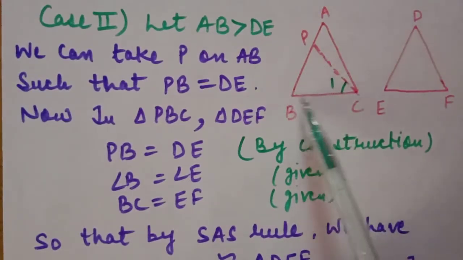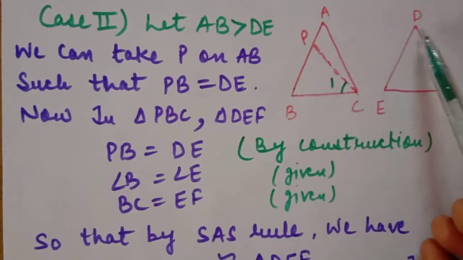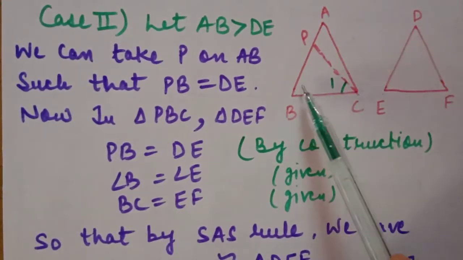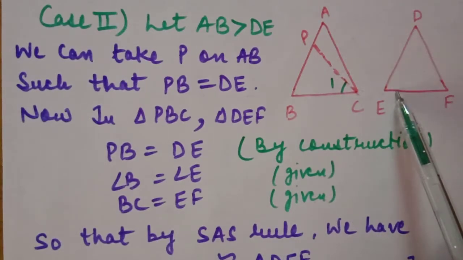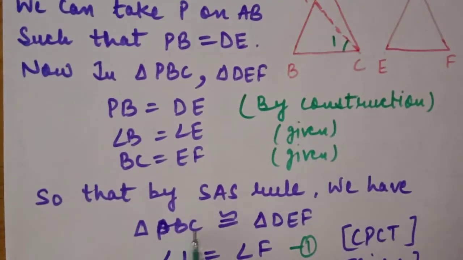Now in triangles PBC and DEF, PB is equal to DE by construction. Angle B and angle E are equal, given. BC and EF are also equal, given. So by the SAS rule, both triangles PBC and DEF are congruent to each other.